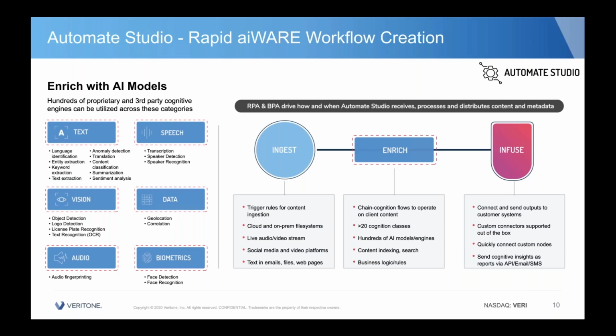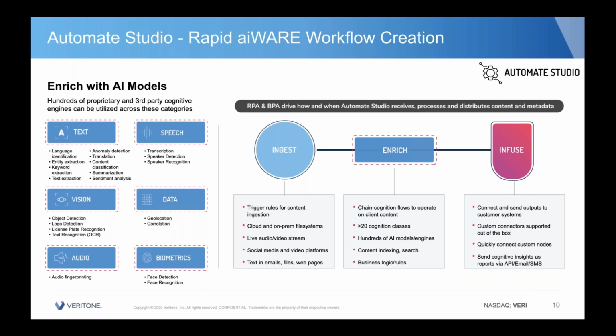And what makes us so powerful with the platform of AIware is that you can process this live audio video stream in near real time. One customer has done 4.5 years worth of processing. If you were to watch that video in real time, 4.5 years worth, we processed it and found the pertinent data in 1 day. So very impressive stuff, very scalable, and being able to handle massive amounts of information.